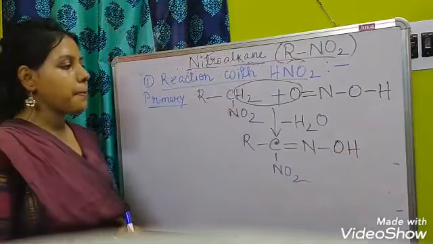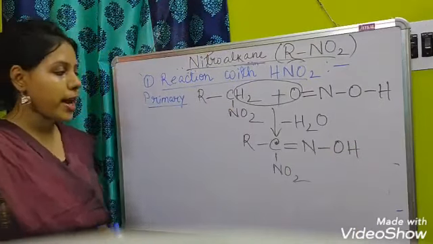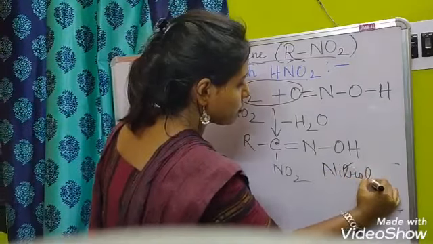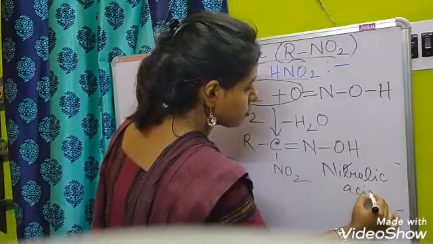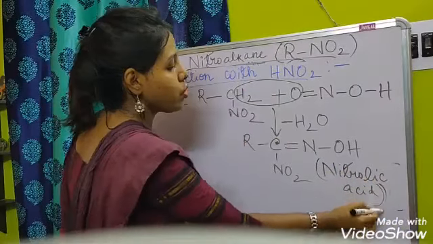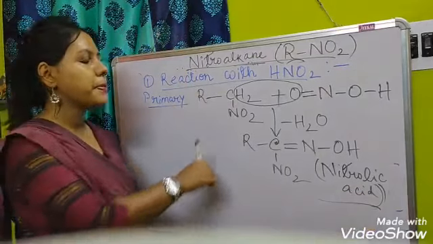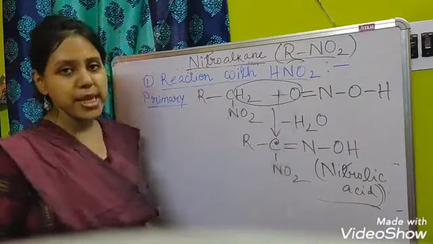Okay. So this compound is known as nitrolic acid, which we get after the reaction between the primary nitroalkane and the nitrous acid.